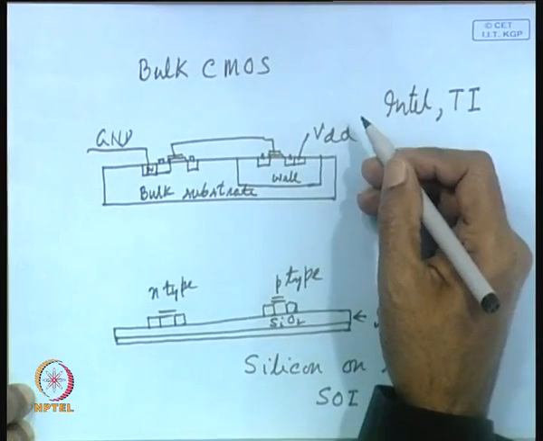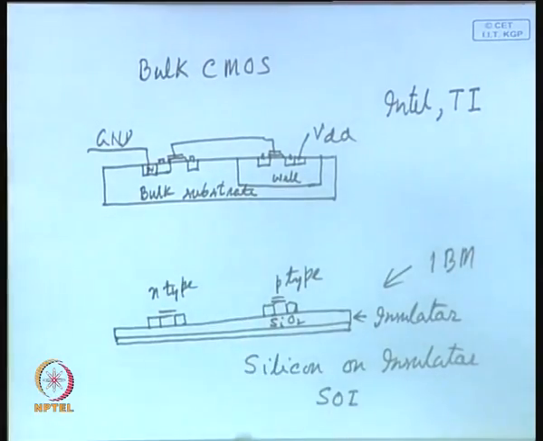Bulk CMOS also has some good features. So, these two approaches have their own advantages and disadvantages. Particularly the SOI approach has been found to be very suitable for low voltage, and at low voltage it gives you very good quality transistors, but it has other problems.